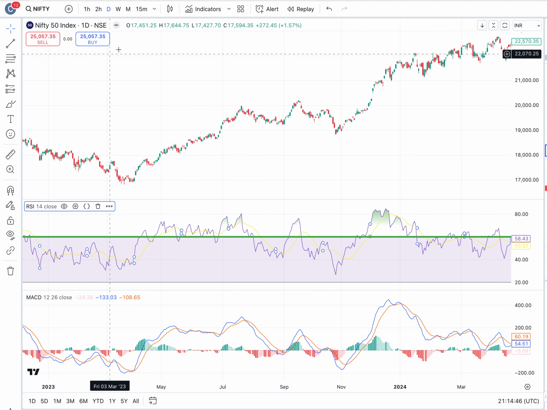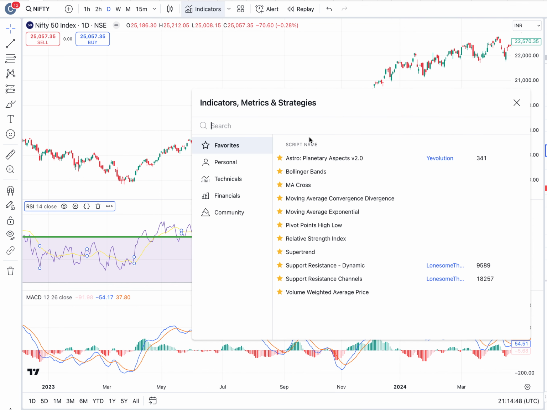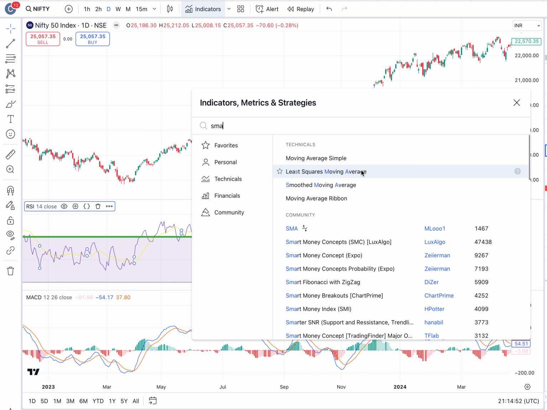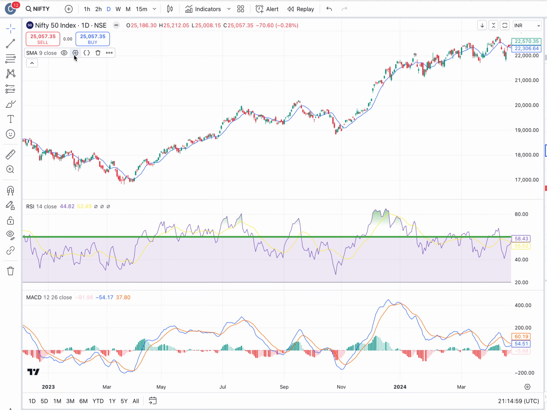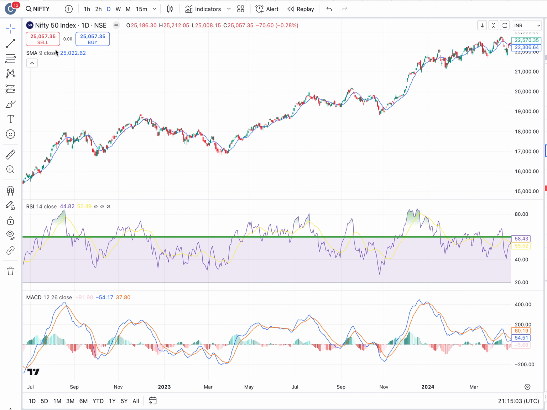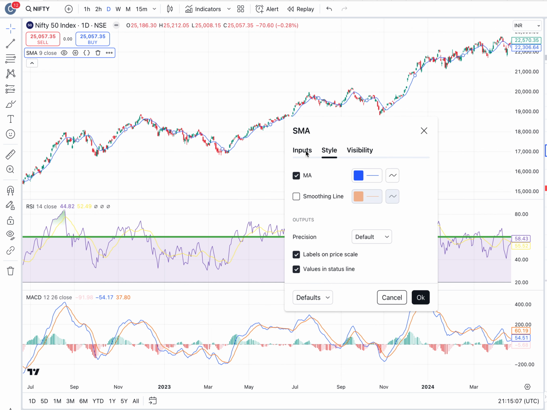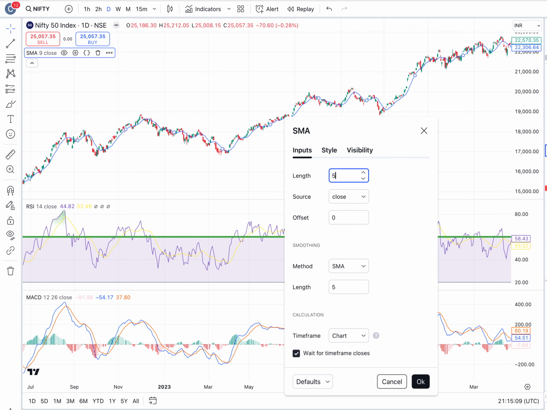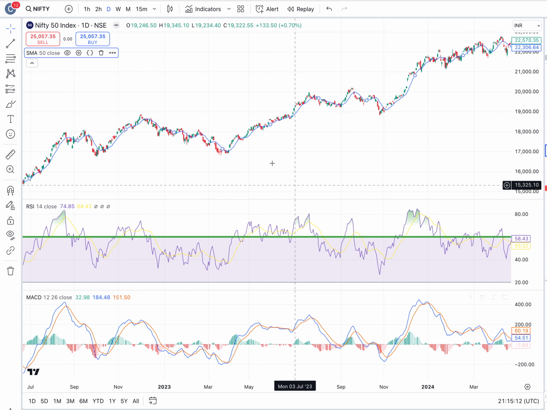So let's delete this and just have an indicator of simple moving averages, or SMA. Here you can see the line part. Let's make this 50, and let's see how things are panning out.